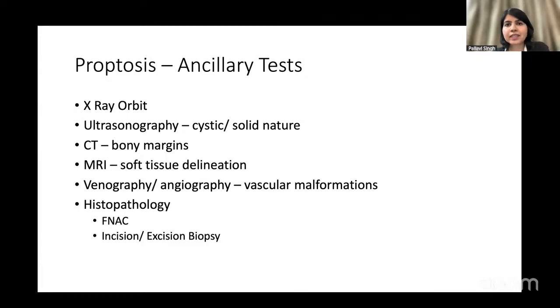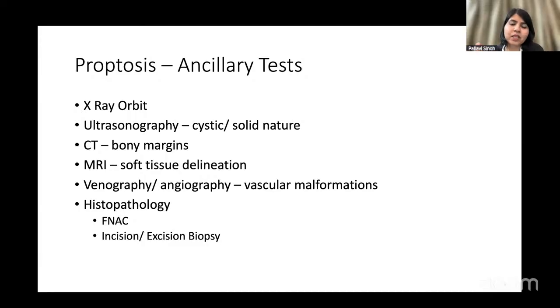Now, the cases in which you will do a CT scan is when you want to know more about the bones or when you're taking the patient for surgery. So if anyone asks you for a diagnostic point of view, for a better soft tissue delineation, MRI is a better option to know what the diagnosis is. But if it seems like a bony lesion, like some sort of fibrous dysplasia, or if you're taking the patient up for surgery, then it's important to know what your bony margins are.